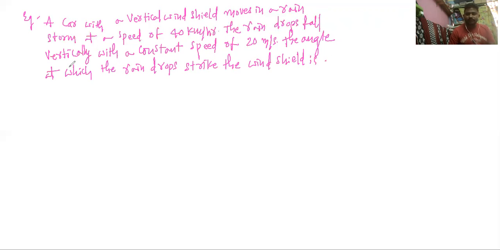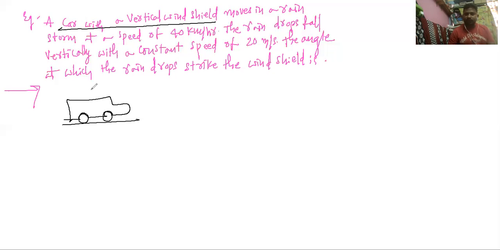Same situation, so there is no confusion at all. Don't think that it is some other case. A car with a vertical windshield. So this is the car, for example. Imagine this is a car or a van, whatever it is. This is the windshield, okay?